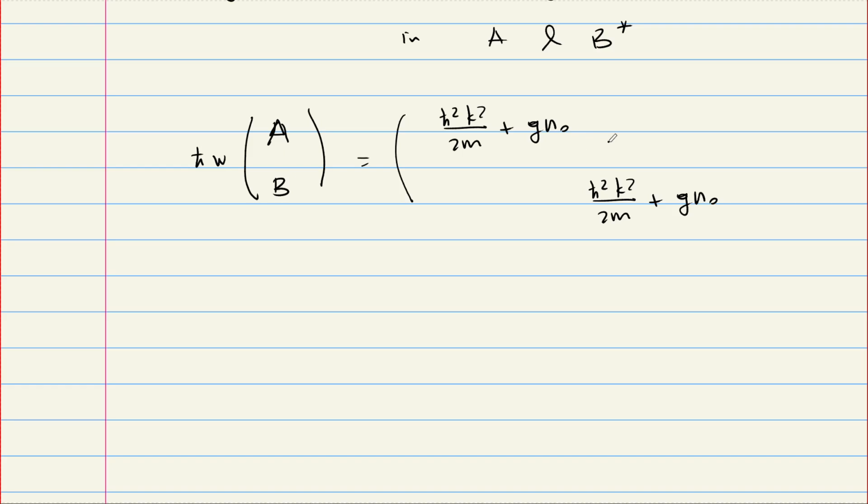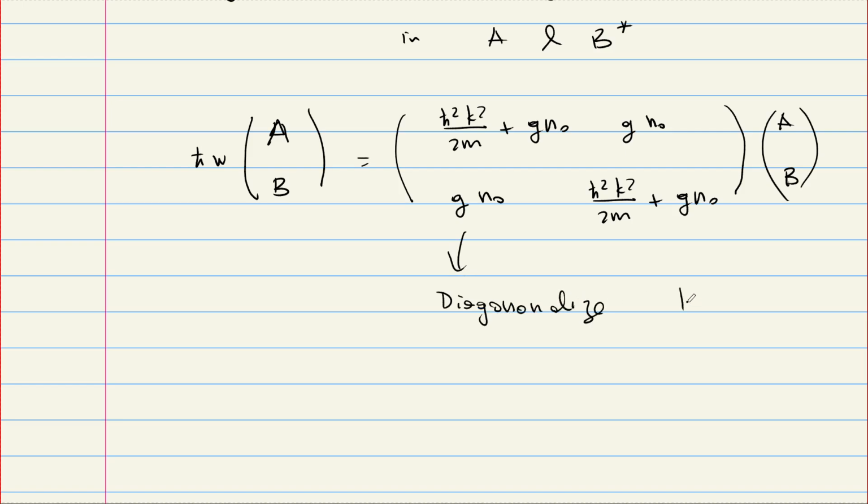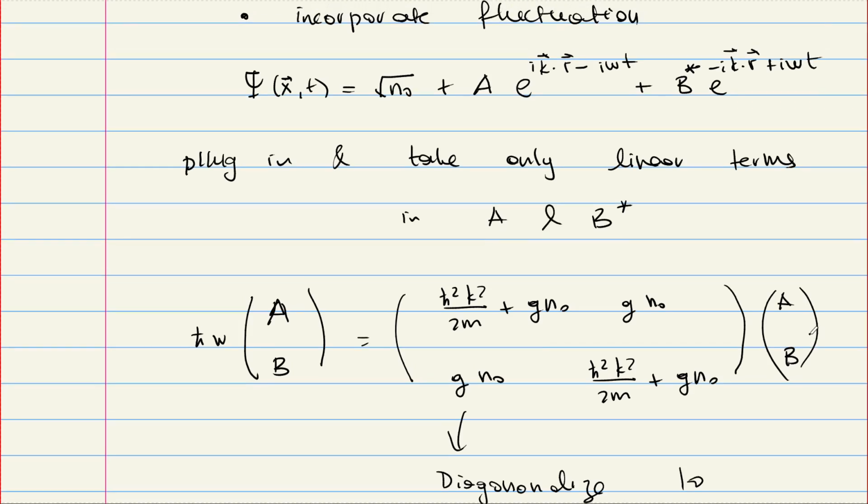But here you are going to have g n0 multiplying A and B, and diagonalize to find the same spectrum. This is also easy. You don't have to know anything. All you need to do is just substitute these ansatz and carry the calculation.